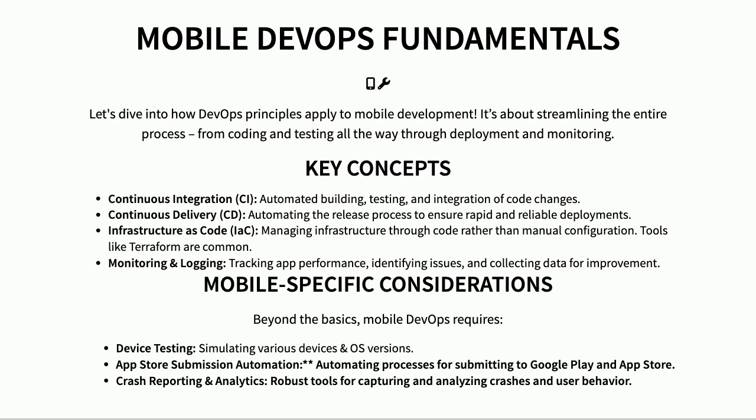It also means thinking about how we manage the servers and infrastructure that support our apps. And because mobile apps run on a huge variety of devices, there are some specific challenges like ensuring your app works well across different screen sizes and operating system versions. We'll want to incorporate robust testing and monitoring tools to catch any problems early on.